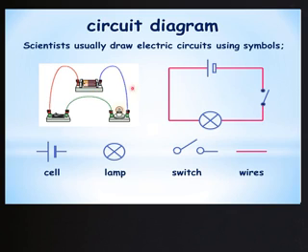For the battery we use this symbol, for the bulb we use this symbol, and for the switch we use this symbol. That is the symbol for cell, that is the symbol for lamp, that is the symbol for switch, and this is the symbol for wires. So by using these symbols we will draw a circuit diagram. That is a simple circuit, and that is a circuit diagram.